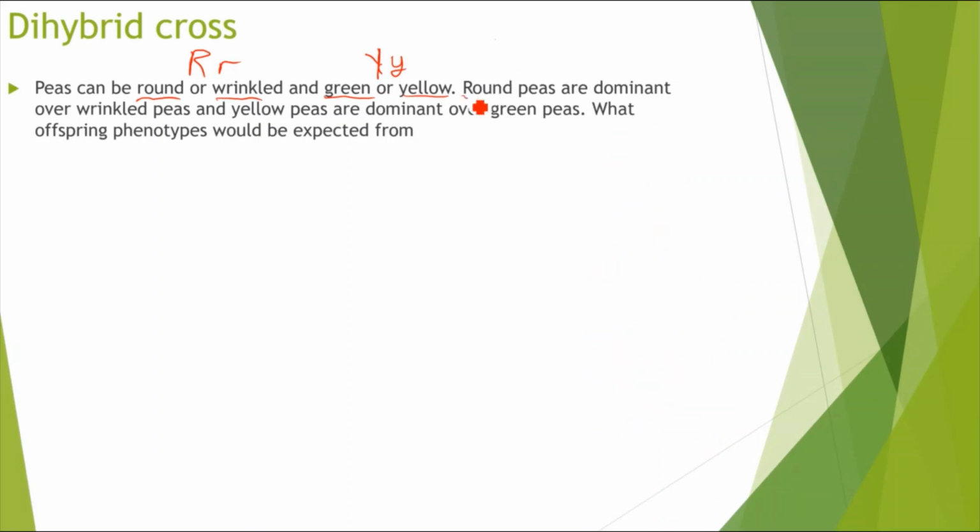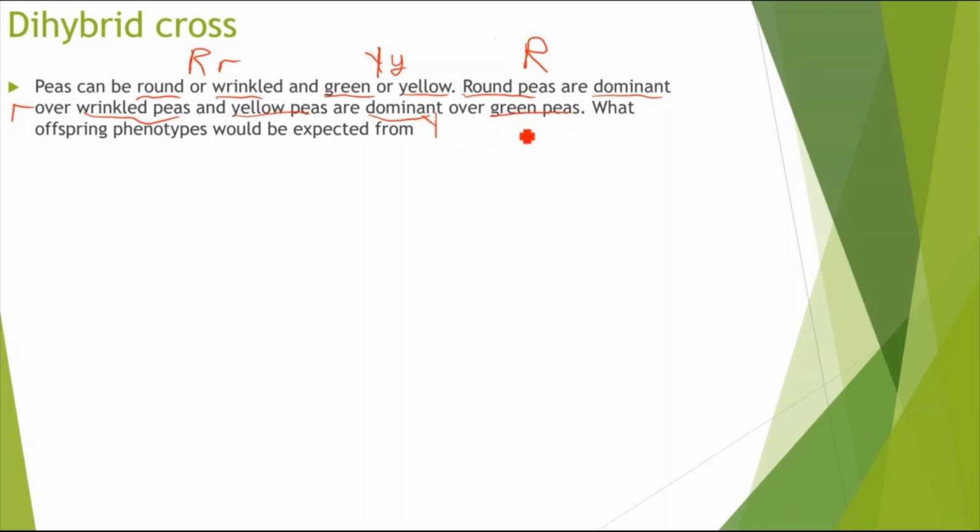Reading further on, it's told me that round peas are dominant over wrinkled peas. So round peas would have a capital R, whereas wrinkled peas would have a lowercase r, because wrinkled peas would be recessive. And yellow peas are dominant over green peas, so yellow peas would have a capital Y, and green peas would then be lowercase y.